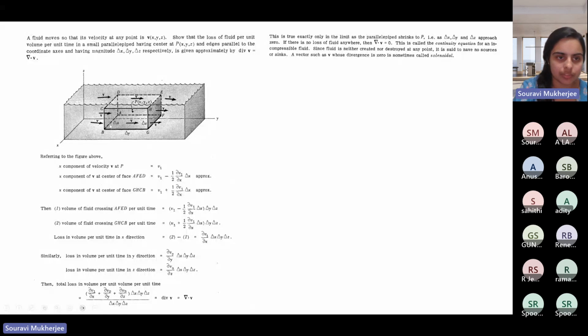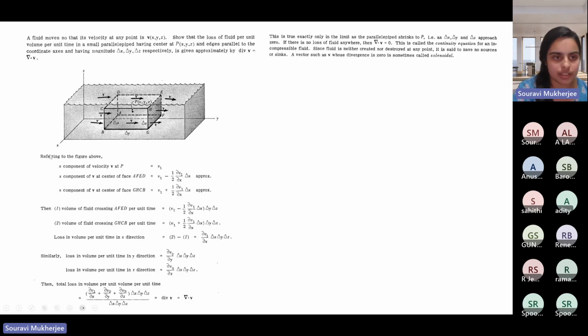If you consider a volume element inside this container, or suppose this is a pipe and you take a volume element inside it, in this plane there would be some velocity and in this plane there would be a different velocity, right? It would change as a function of x, y, and z, because V is a function of x, y, and z.